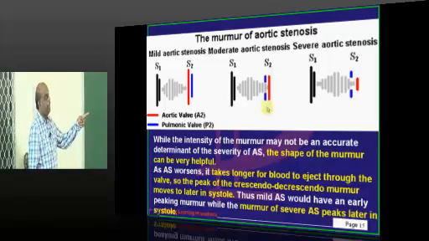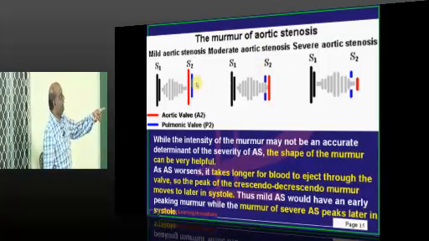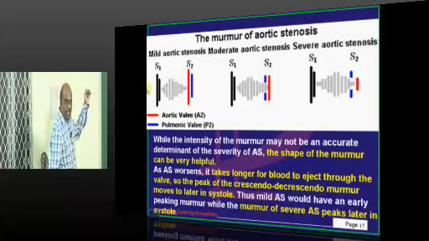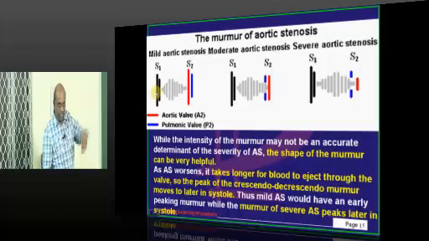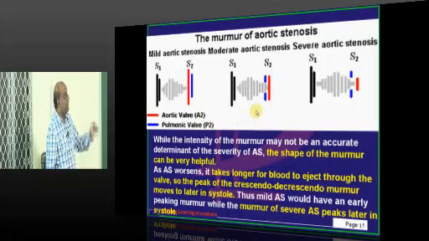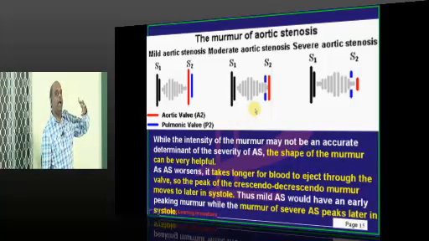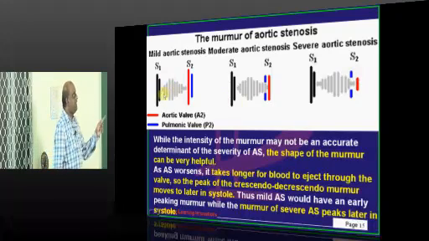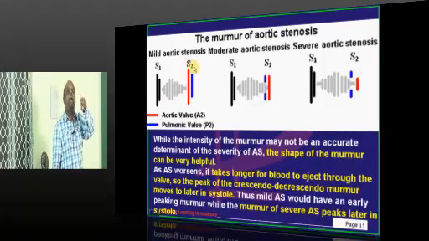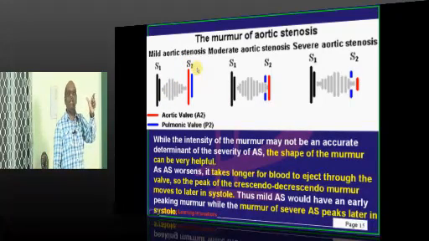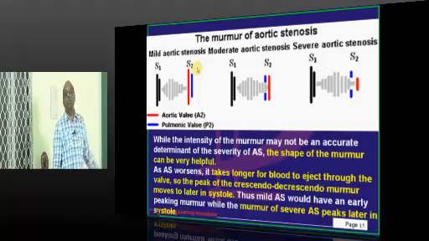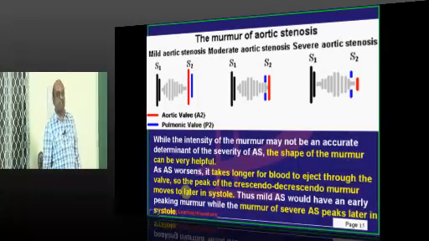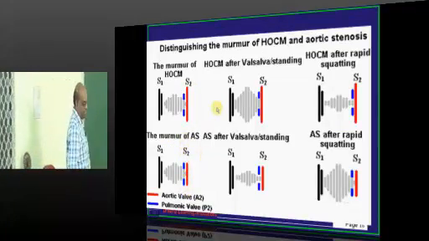So milder aortic stenosis will produce early peaking of the crescendo decrescendo murmur. Severe aortic stenosis will cause late peaking. So when the peak of the crescendo is occurring has a relationship. Duration has a relationship, but not the intensity of a murmur.